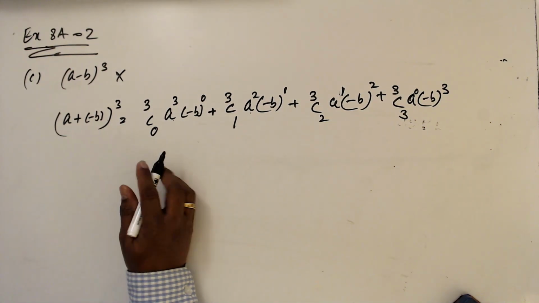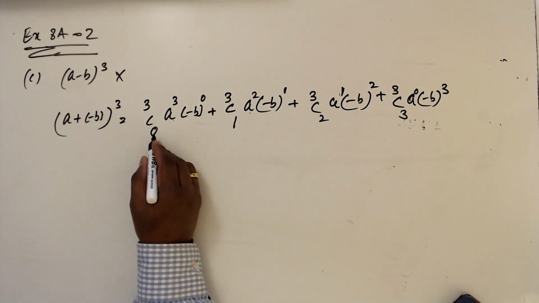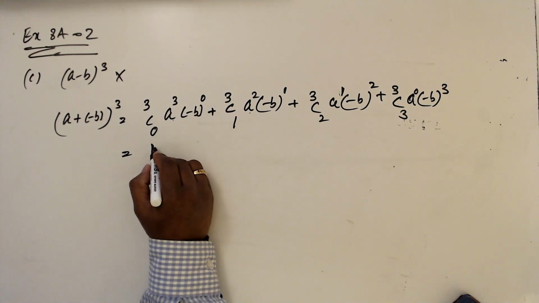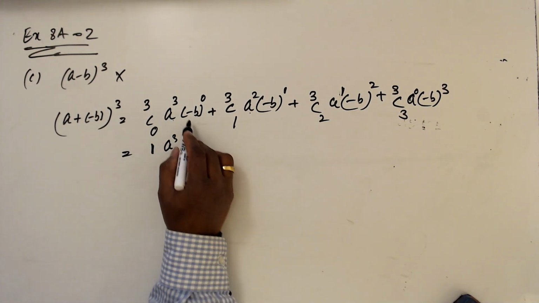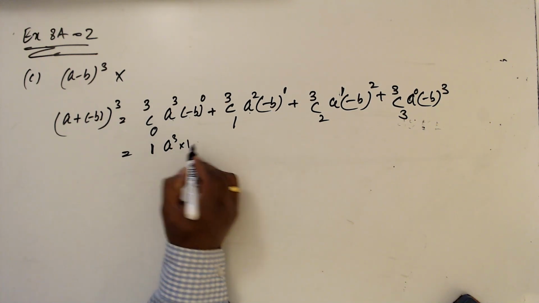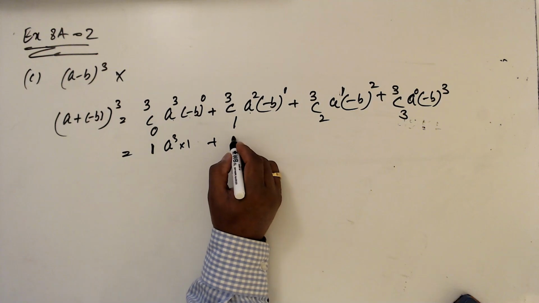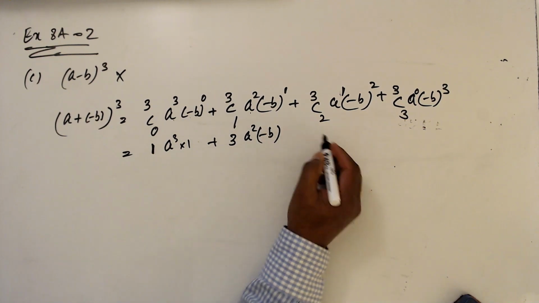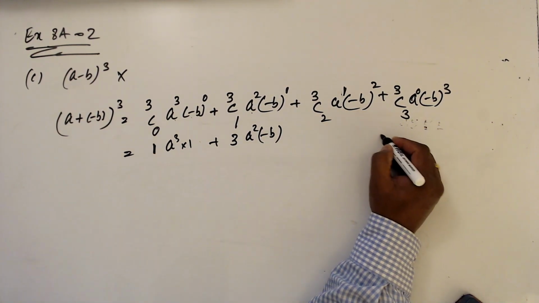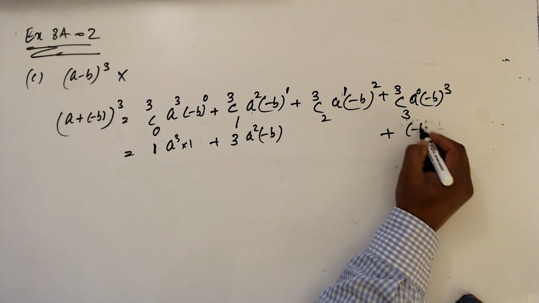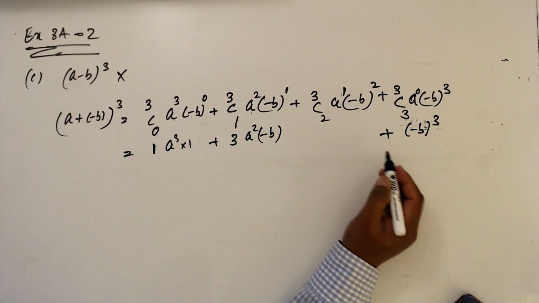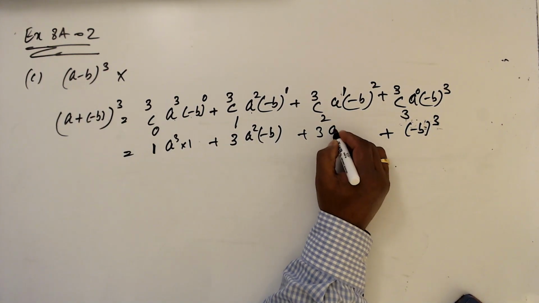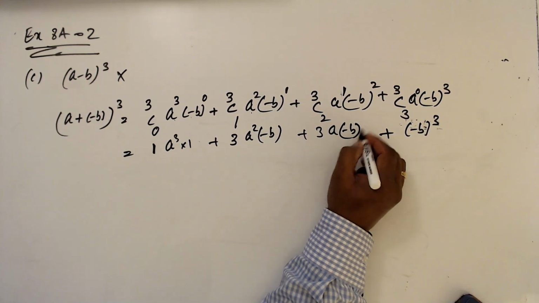Now we'll find the coefficients from Pascal's triangle. This value I know is 1, this I know is 3, so 1 A cubed times minus B to the power 0, which is 1, plus the second value matches with this one, 3 A squared minus B, and the last one also 1, so this is going to be minus B cubed times 1. The one before last is always matched with this one, 3A times minus B squared.